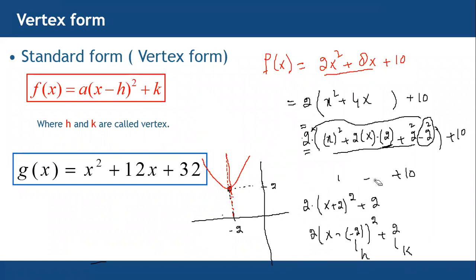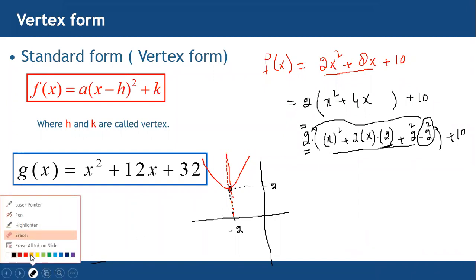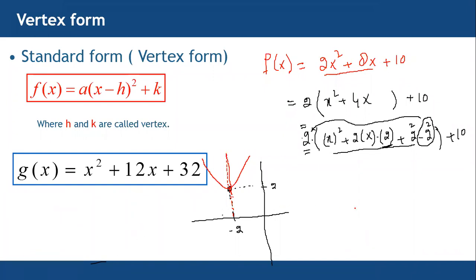You can put it outside, but there we have a trick: if I want to write outside, then I will not write 2 square. I will write minus 8. For example, we have 2, inside we have x square plus 2x multiplied with 2 plus 2 square.